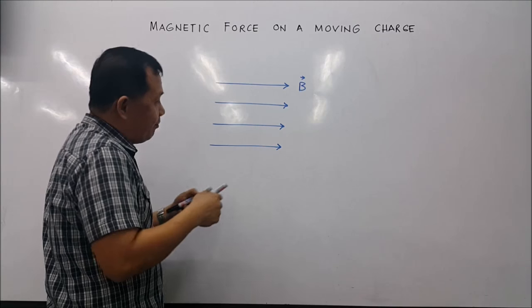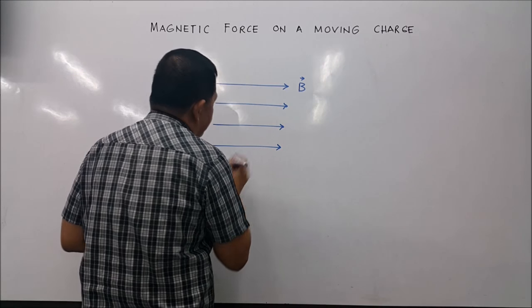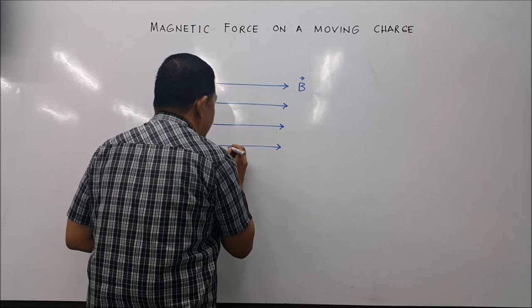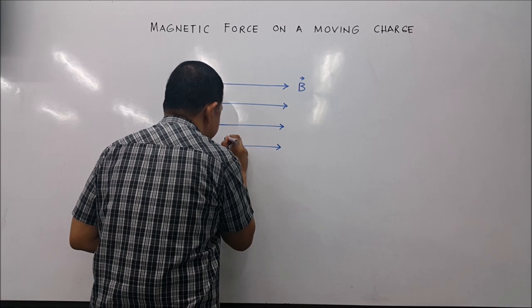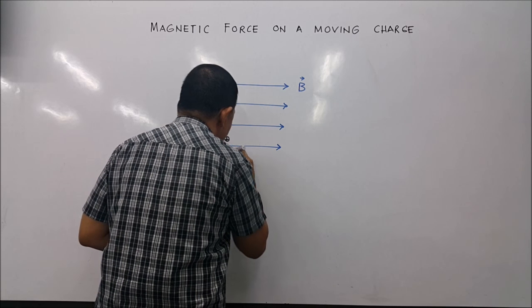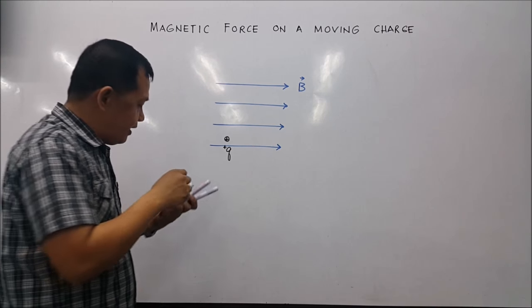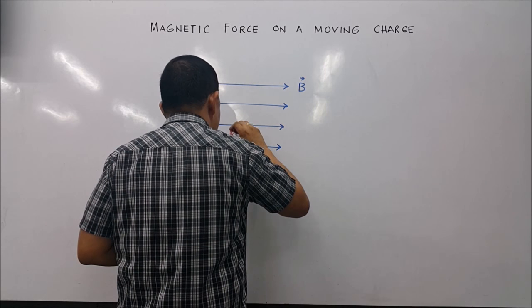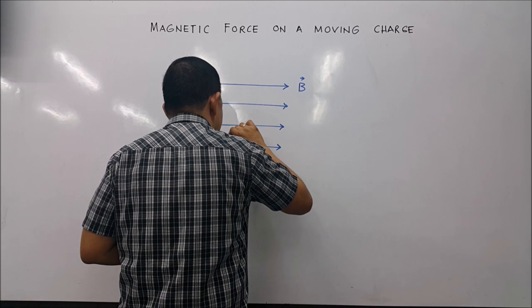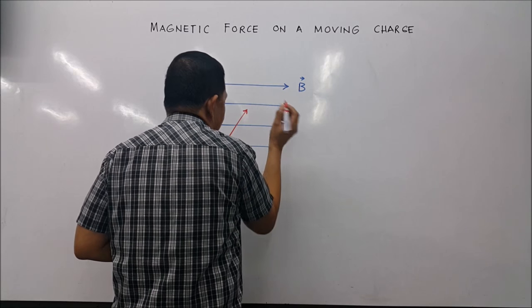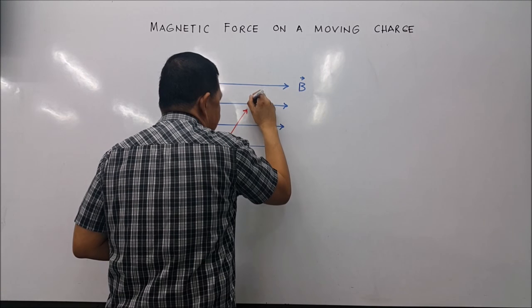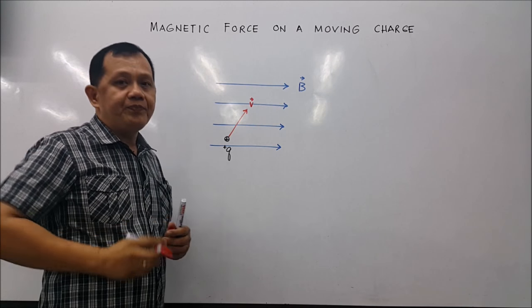Now let us say, for example, that we have a positively charged particle, positive Q, and it travels in the magnetic field with a velocity that is directed that way.